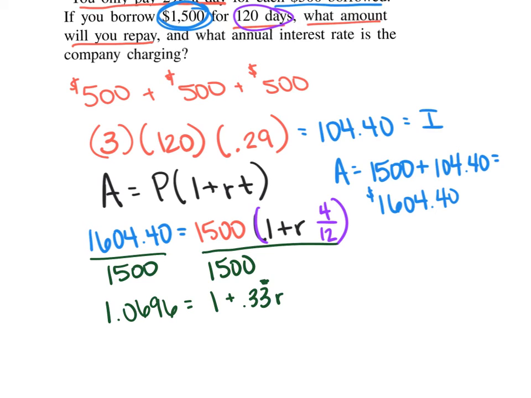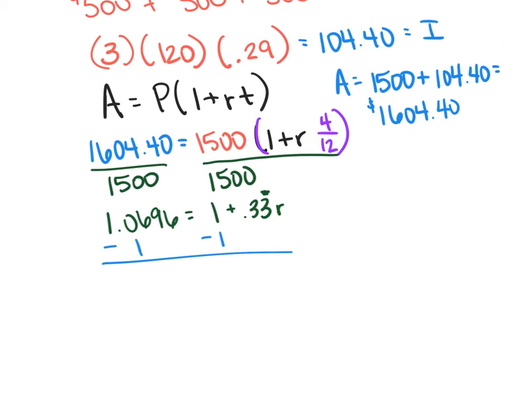So now, to get R by itself, I need to subtract 1 first, and I get 0.0696 is equal to 0.333. Remember, 0.33 repeating is actually equal to 1/3. So when I do this in my calculator, instead of doing 0.33 repeating, I'm going to divide by 1/3.